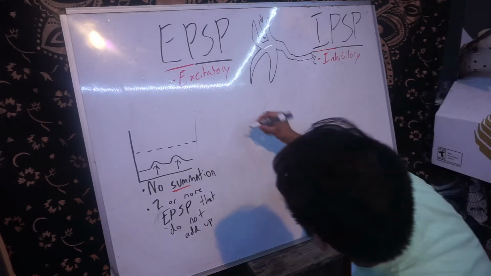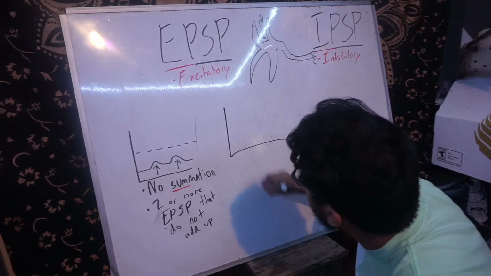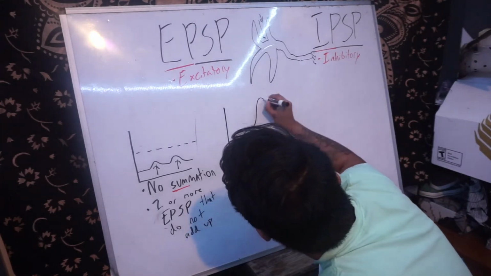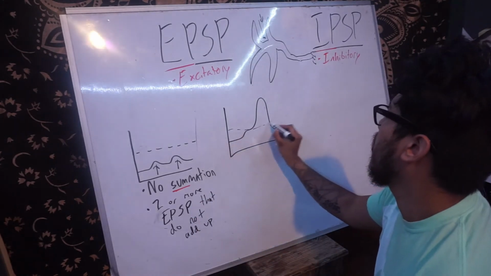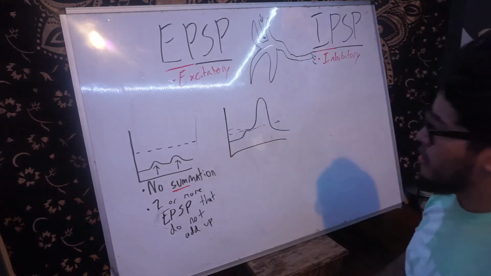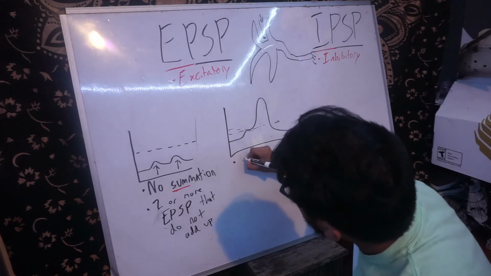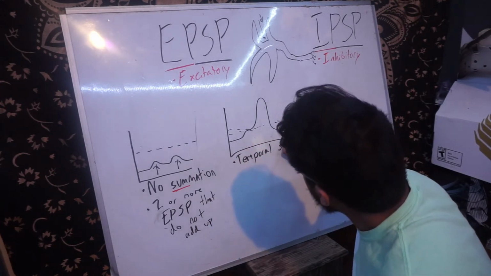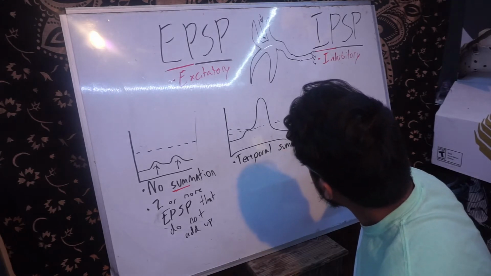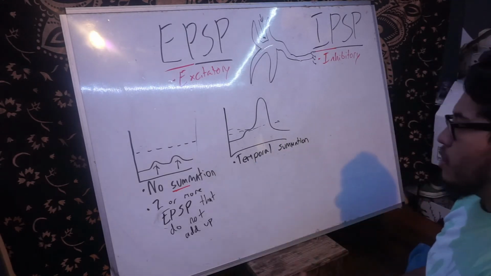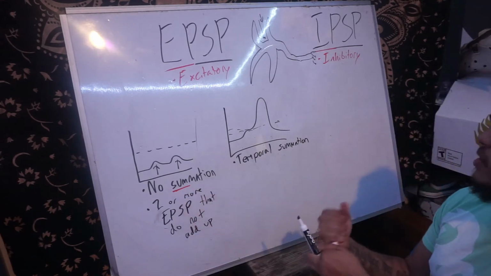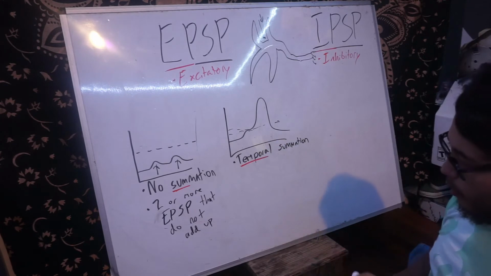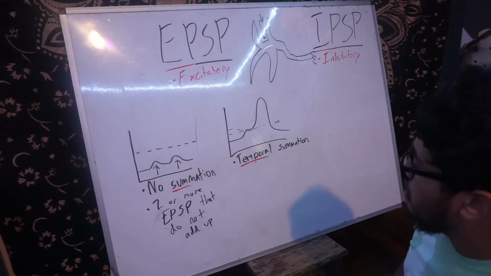Now, your other form looks a little bit like this. So what this is is your temporal summation. Again, using the roots here, when I look at the word temporal, I think of temporary things.